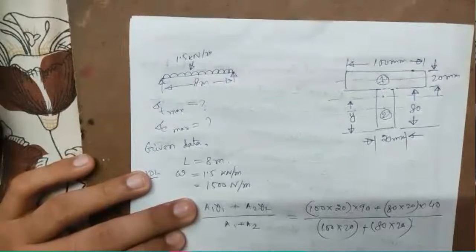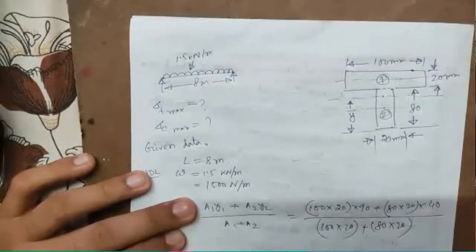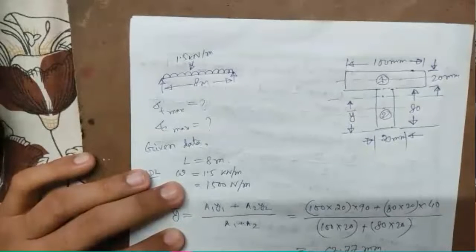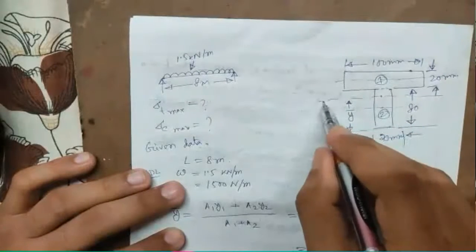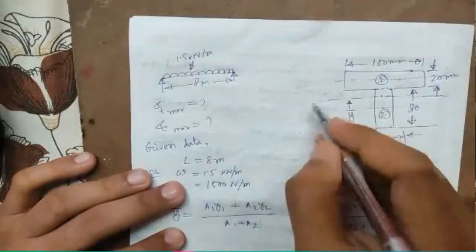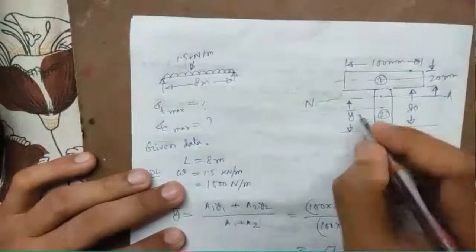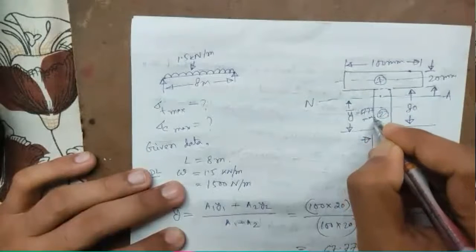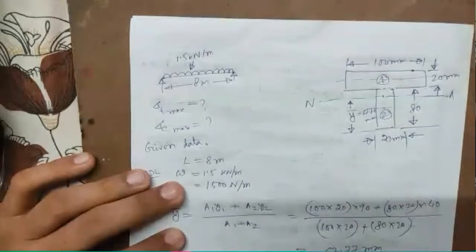Now we find the value is 67.77 millimeter. So this y bar we have found out, the neutral axis we have found out, which is at a distance of 67.77 millimeter. Okay, we have found the neutral axis.